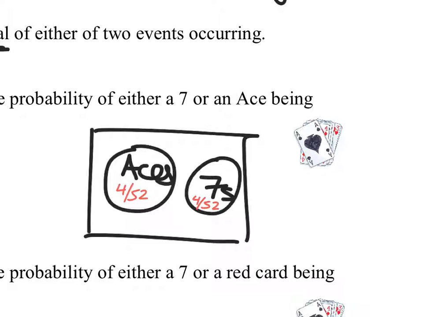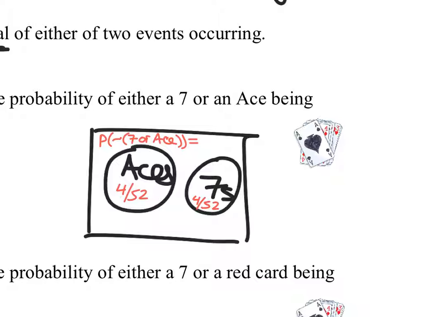Everywhere else in the box is the set of cards that are neither 7 nor aces. So I'll write probability: not 7 or ace. And that's going to be everything else.